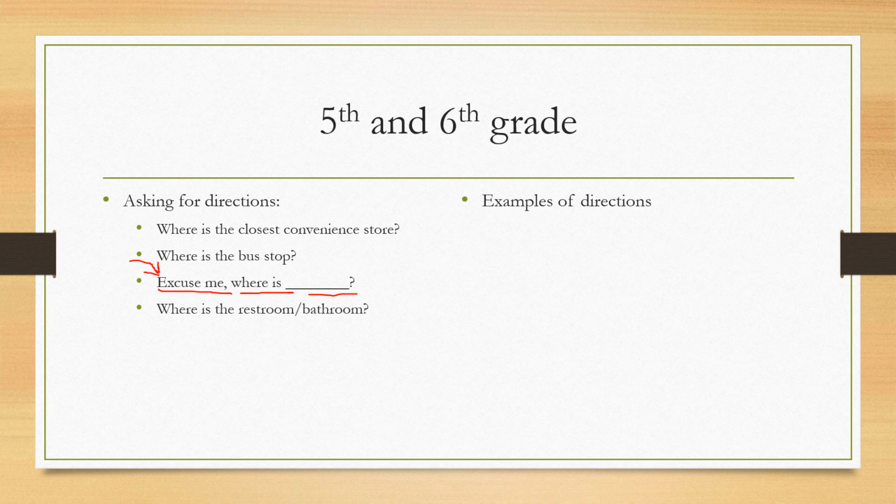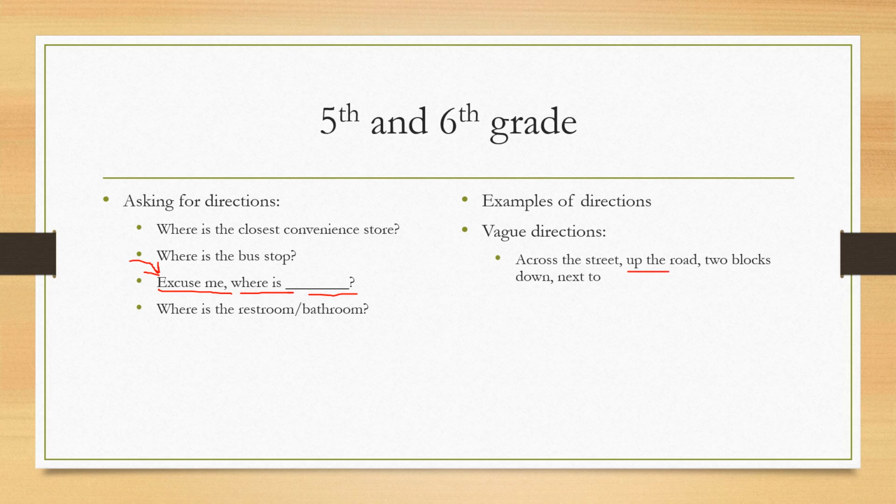And then how might they respond? They might respond with a variety of directions, such as, oh, it's across the street, it's up the road, 2 blocks down, next to, those kind of things.